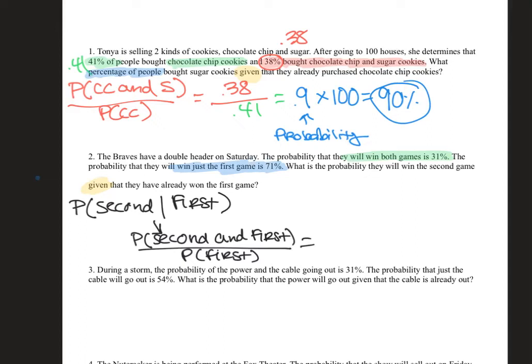We already have probability of second and first, which is 0.31, because if I win both games, that's the first and the second game. Probability of just the first game is 0.71. So 0.31 divided by 0.71 is 0.4. I'm asking you for probability, so I'm going to leave this as my answer: 0.4.